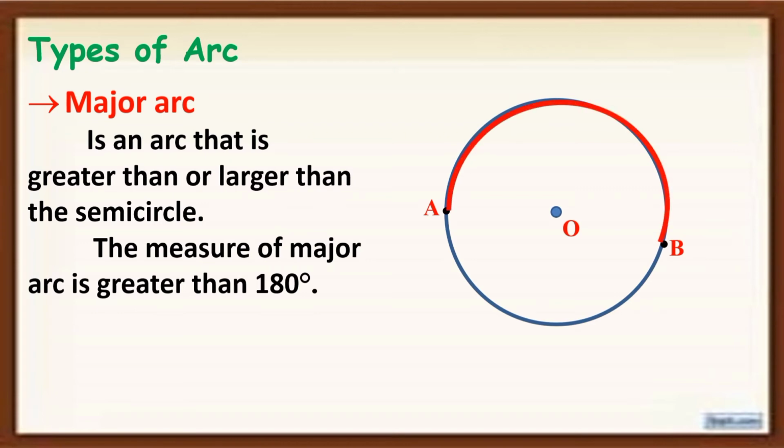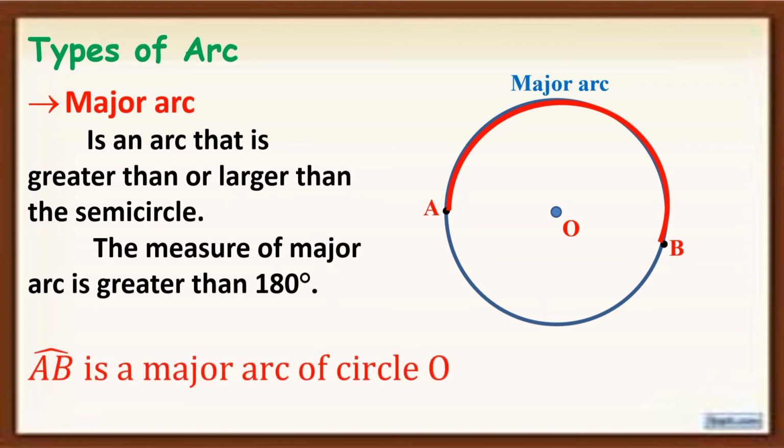If I connect point A and point B and all the points between point A and point B on the circle, you can form a major arc. As you can see, a major arc is larger than the semicircle. So again, when we say major arc, the measure of that is greater than 180 degrees. So in this illustration, arc AB is a major arc of circle O.